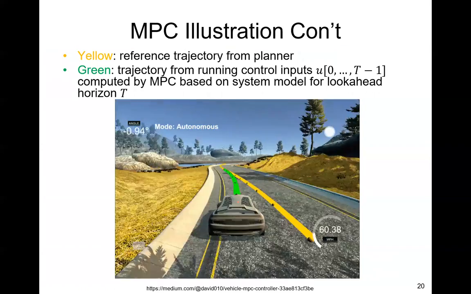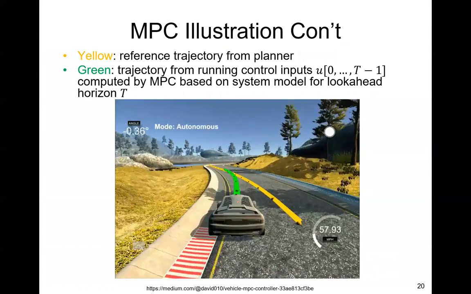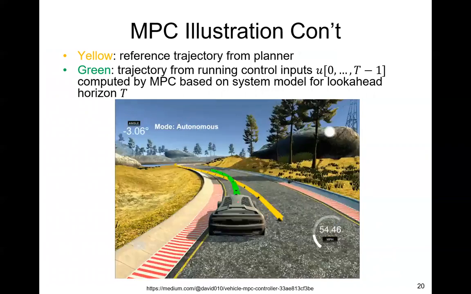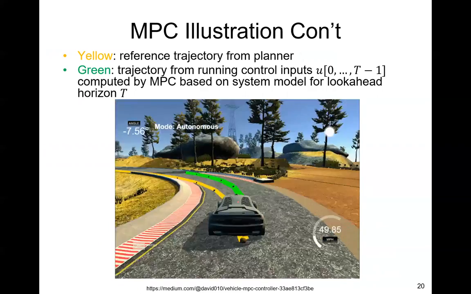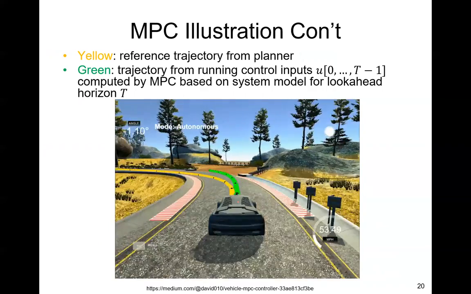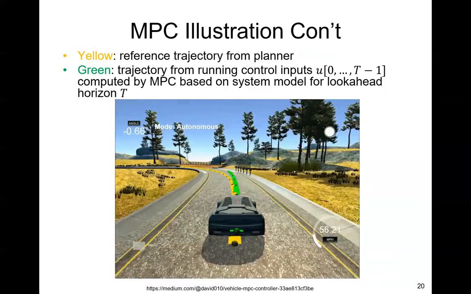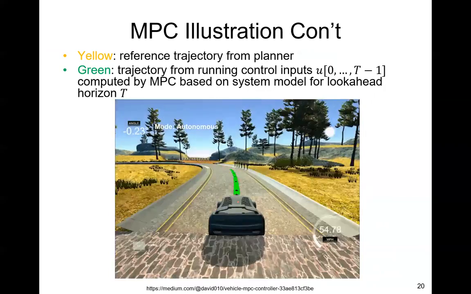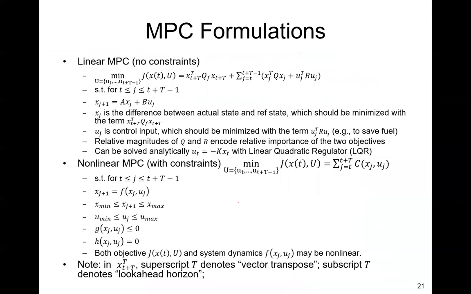So here's the MPC in action, where you are computing a sequence of control inputs at every control time step. As you can see, MPC control can be time consuming. At every time step, you're solving an optimization problem of minimizing a cost function given a set of constraints.